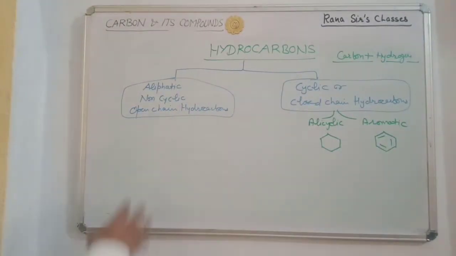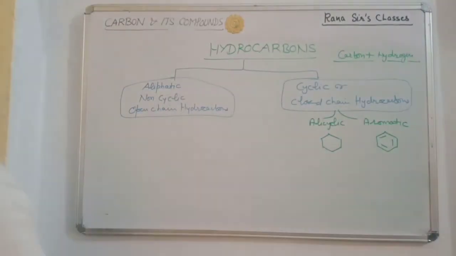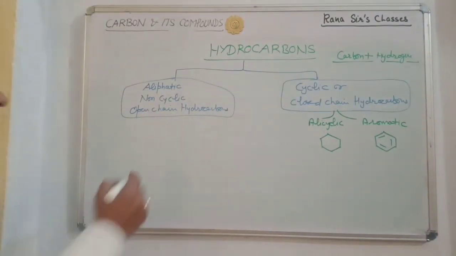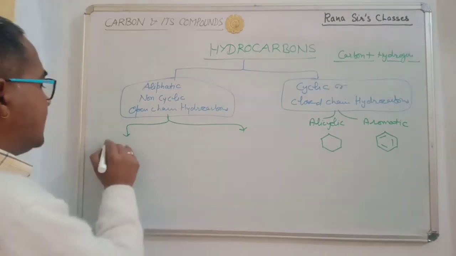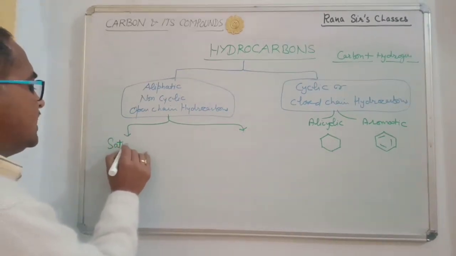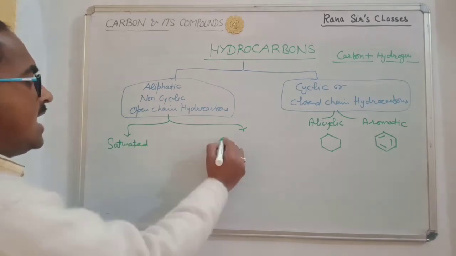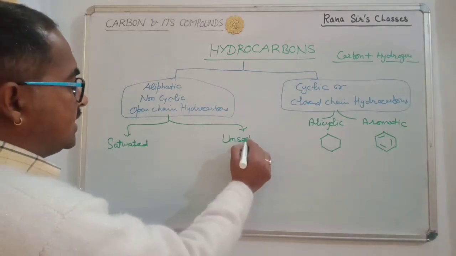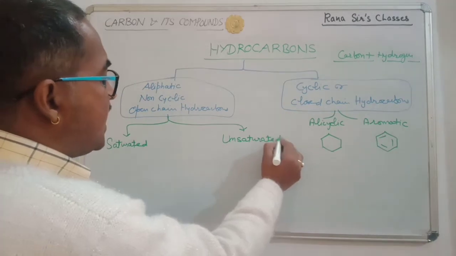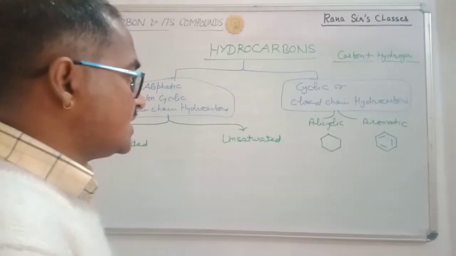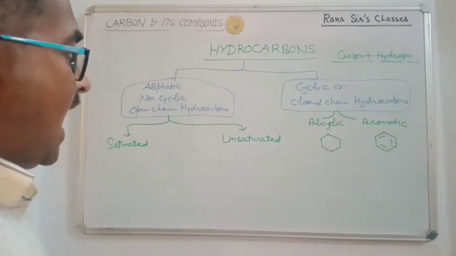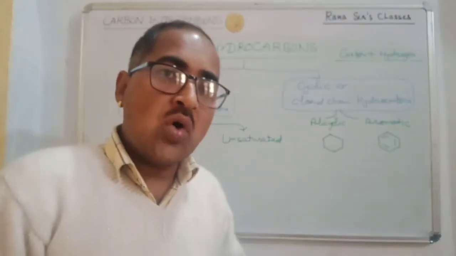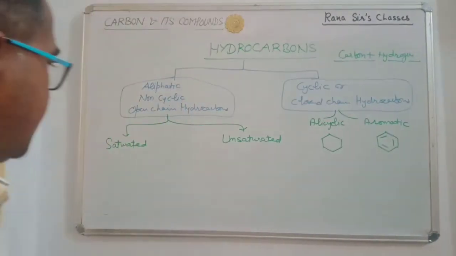Now what happens? First take the example of aliphatic now. They are further of two types. What are they, beta? They are saturated and other are unsaturated. Saturated means where carbon is having fully filled octets in each case and there is no double bond formation in that category.